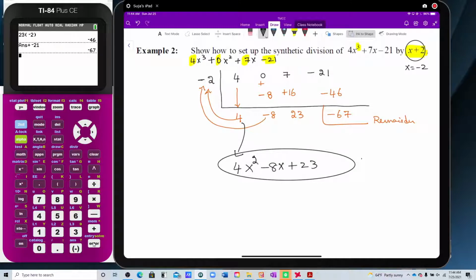This is the quotient. Again, it'll help you, but for this particular problem, since the question is asking how to set up, all they wanted was the setup of this part.